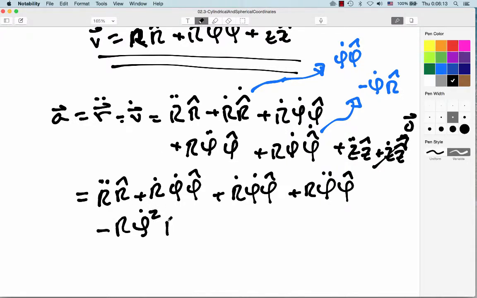We'll square that and give me an r hat from that term plus z double dot z hat.